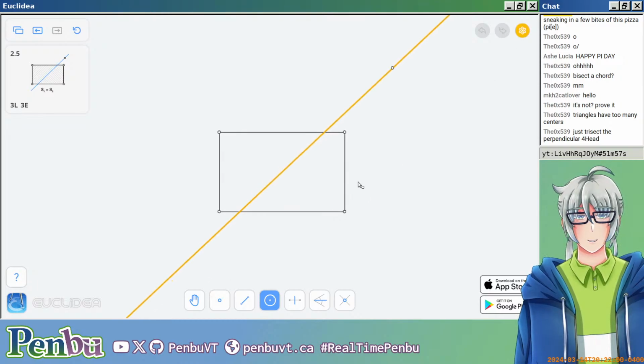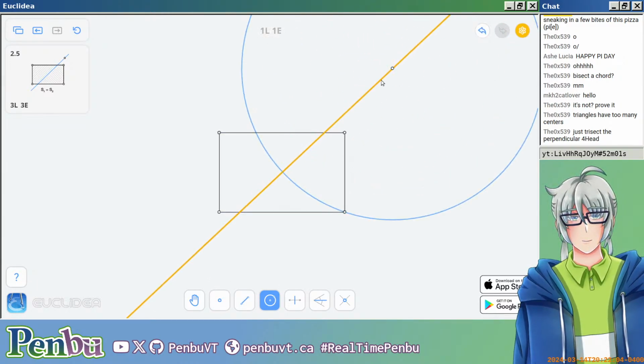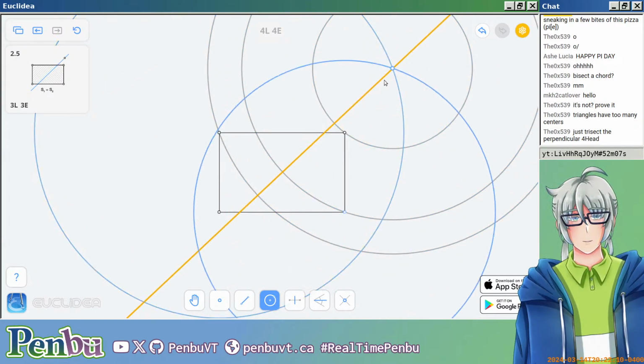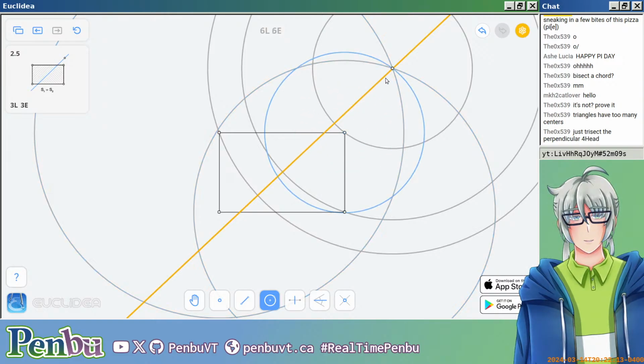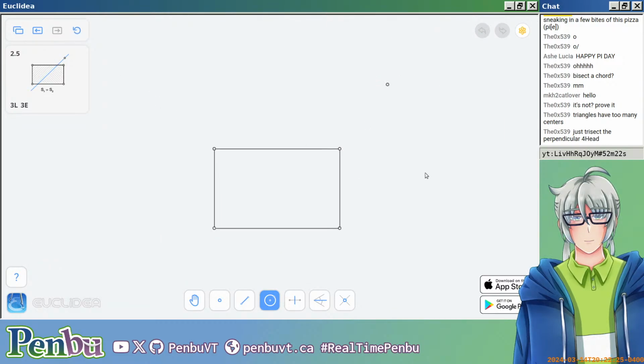Alright, maybe let's play around a little bit and see what we get. The only thing that really makes sense is to have points from the circle or the rectangle to the point somehow. But I'm not gleaning any insights from this.